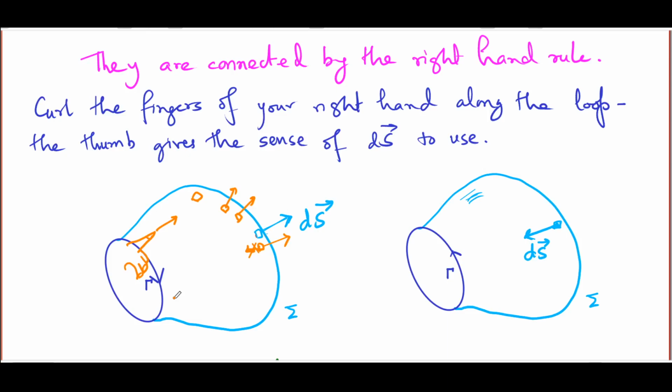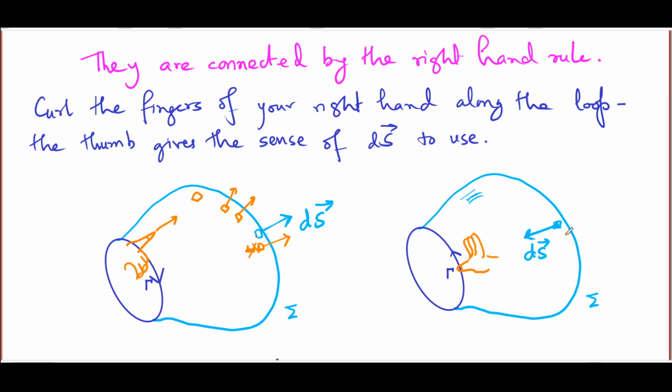On the other hand, if the direction of traversal was like this, that is, if the fingers of your right hand curled along the direction of traversal went like this, then your thumb cannot point this way. Then your thumb would have to end up pointing this way, at least if you are using a right hand. Which is why the choice of your ds would have to be like this.